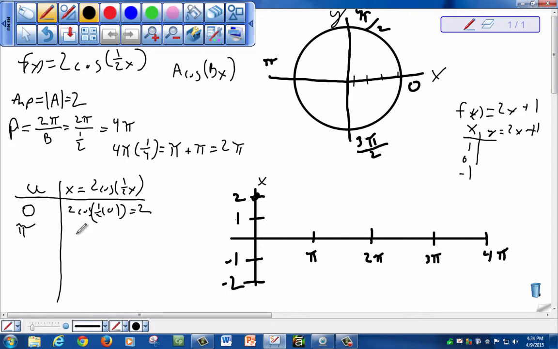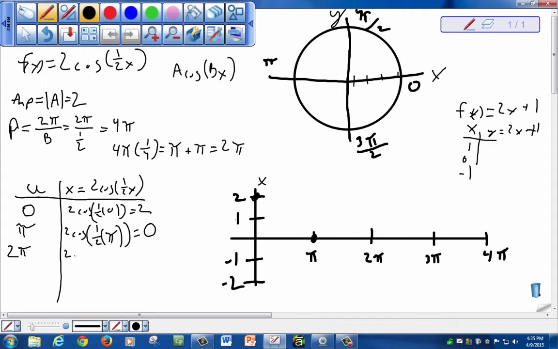Okay, we're going to move along to our next critical point, which is going to be pi. We plug in 2 cosine 1/2 pi. We're going to get 2 cosine pi over 2, and pi over 2 is at 90 degrees, and the cosine of 90 degrees is 0. So 2 times 0 is going to give us 0. So at pi, we have 0, so we're going to mark that point here. Now our next point is 2 pi.